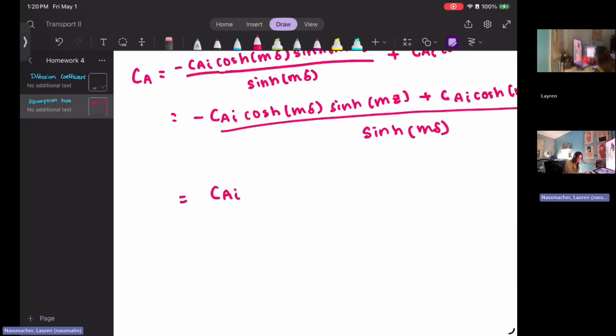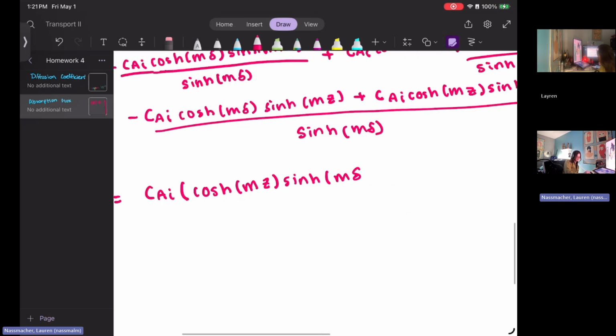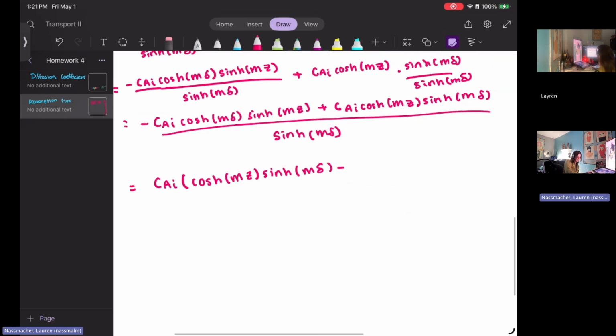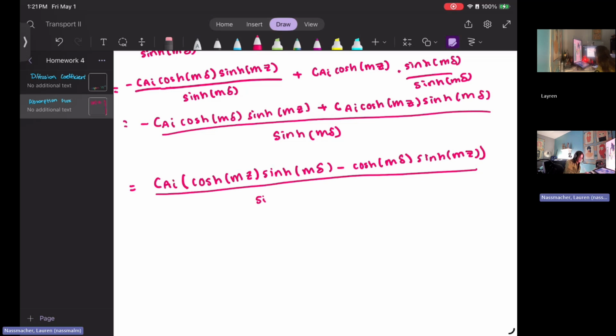Our concentration at the interface times hyperbolic cosine of m z multiplied by hyperbolic sine of m thickness, minus hyperbolic cosine of m thickness times hyperbolic sine of m z. And this is still all divided by hyperbolic sine of m thickness.